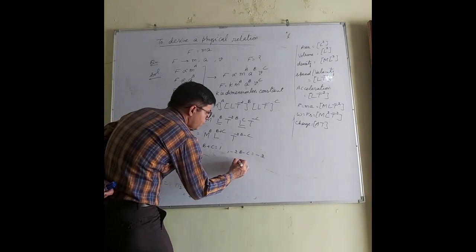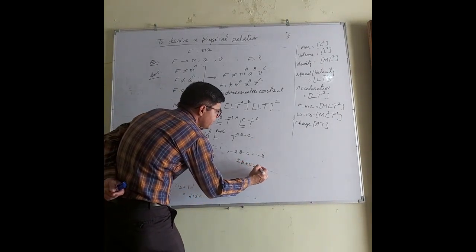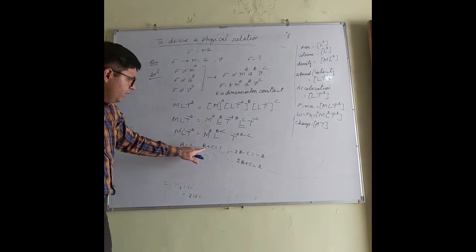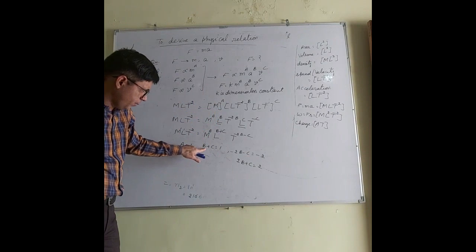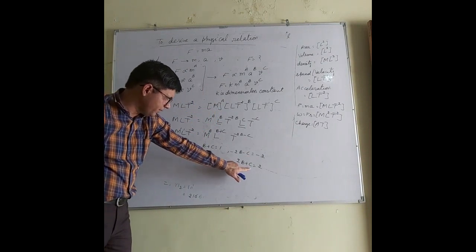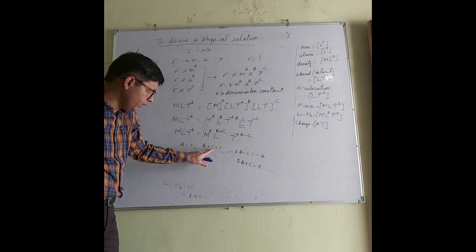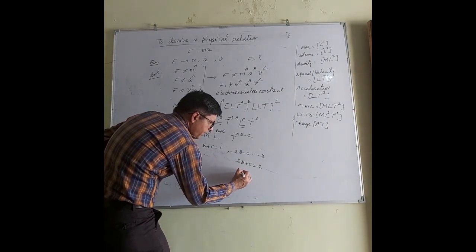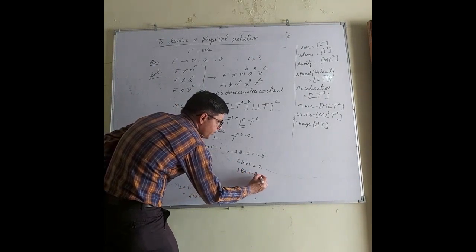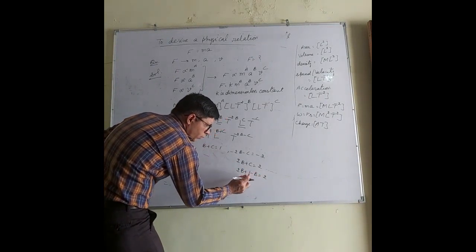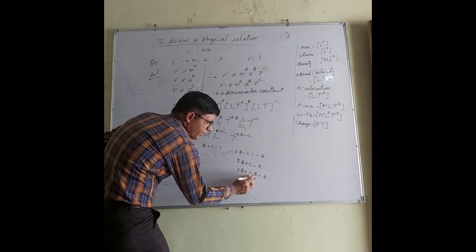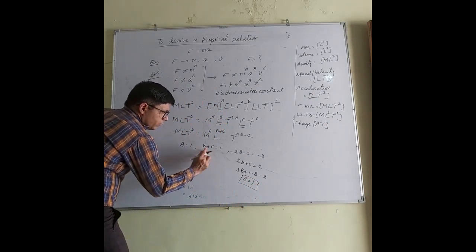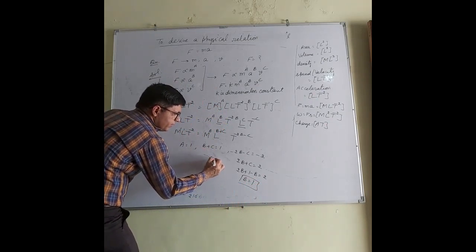So I can say 2b plus c equals 2. Solving this, b plus c equals 1, so c is 1 minus b. So 2b plus 1 minus b equals 2. So 2b minus b, and when this 1 goes there, it is 1. So here b is 1. Put b as 1 here, so here c is 0.